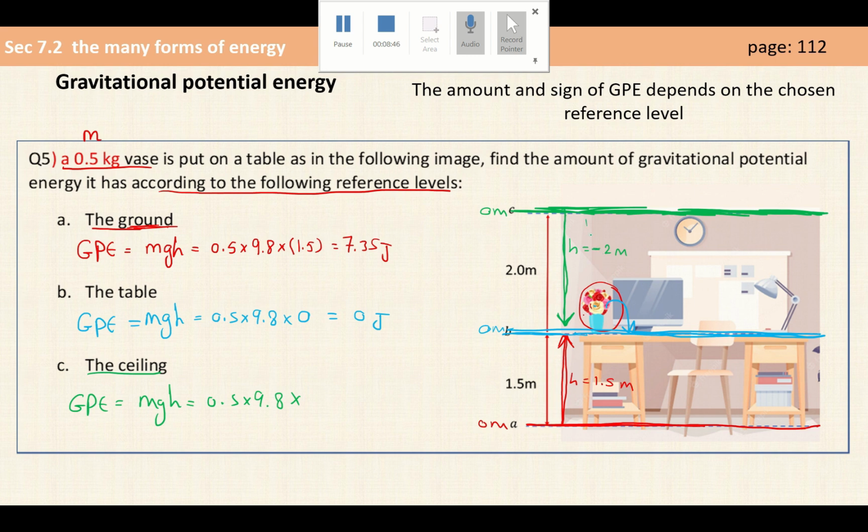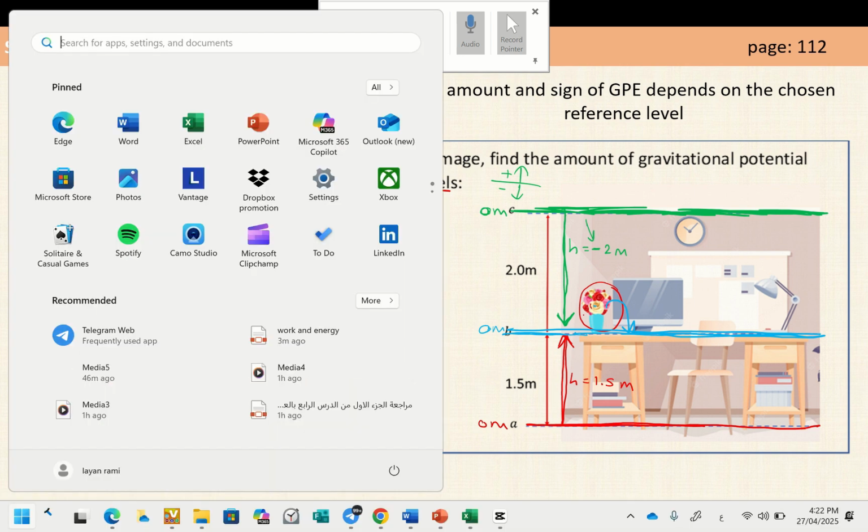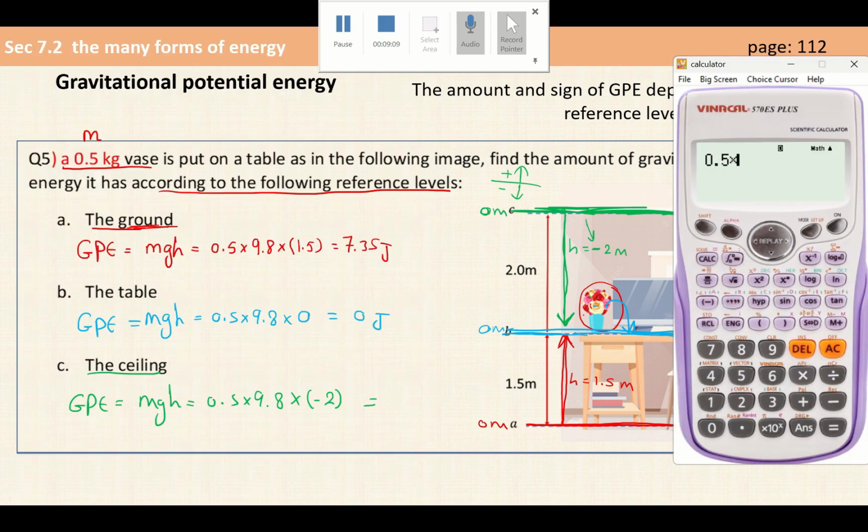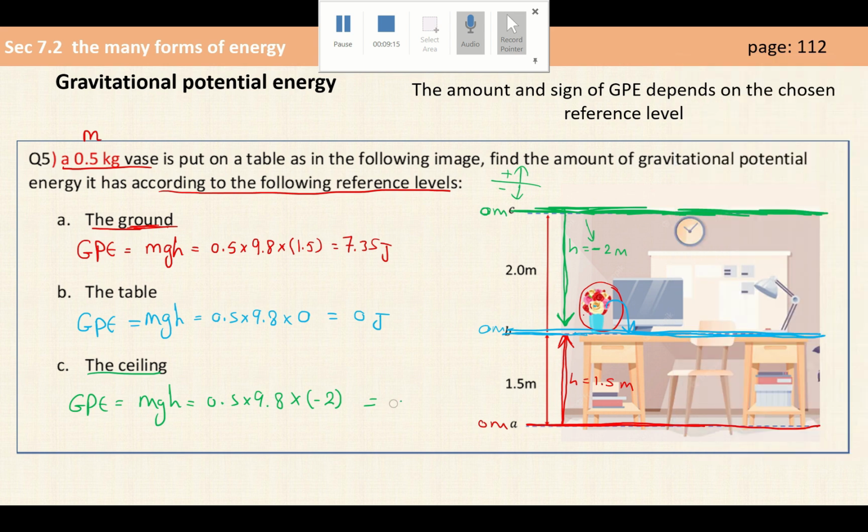So since it's below, we're going to put negative. Remember, anything above the zero is going to be positive. Anything below the zero is going to be negative. So since it's below the reference level, it's going to have a negative value, -2. So multiplying this using the calculator, 0.5 times 9.8 times -2 will give you -9.8.